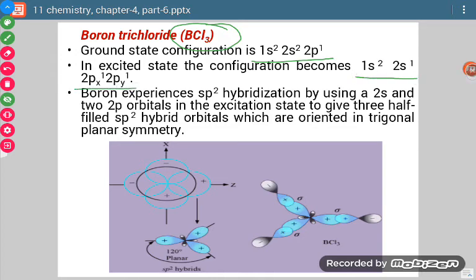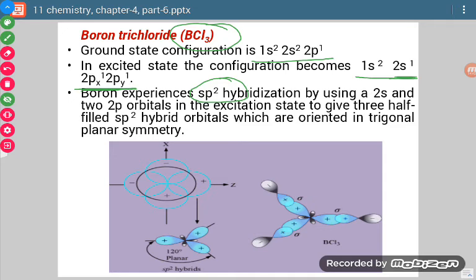So in case of boron, there is presence of 1 electron in 2s orbital and in 2px orbital and in 2py orbital. So there are 3 unpaired electrons in these 3 orbitals. These 3 will combine and there will be sp2 hybridization.